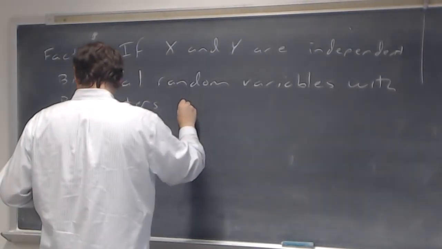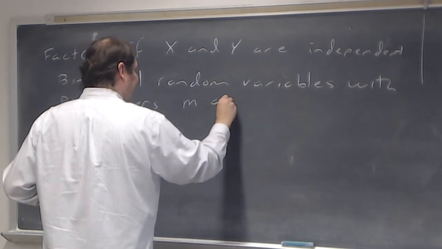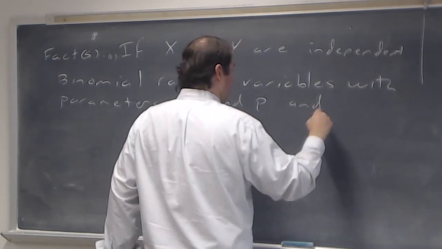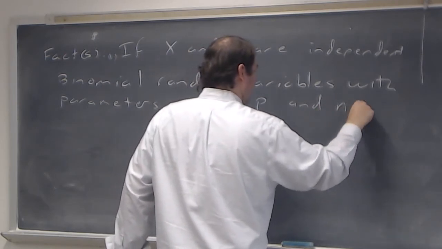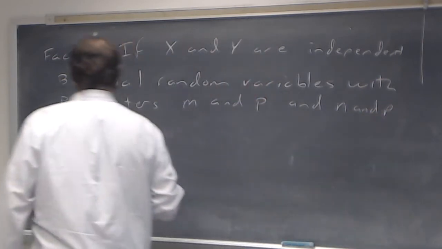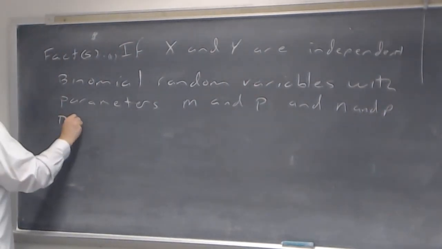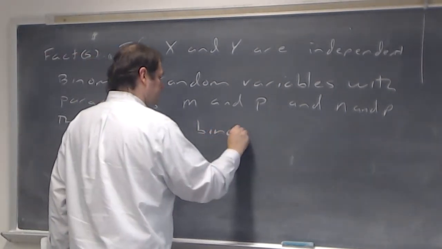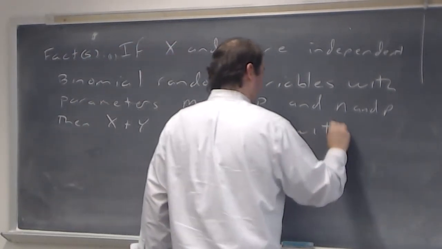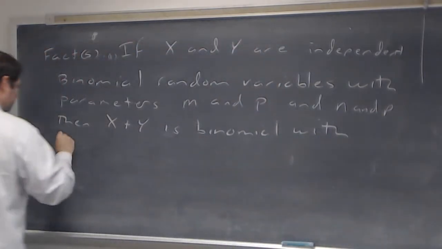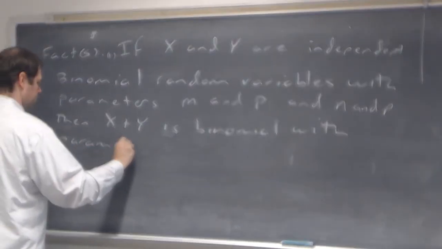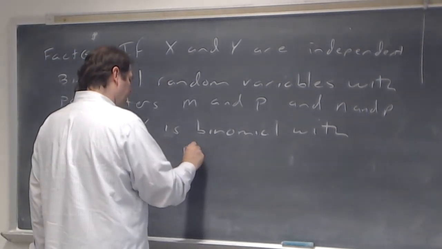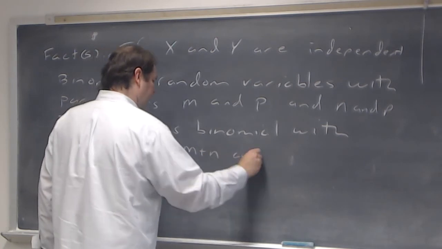So let's say the first one is m and p, that's probability of success, and the other random variable Y has parameters n and p, so they both have probability of success being p. Then X plus Y is binomial with parameters m plus n and p.